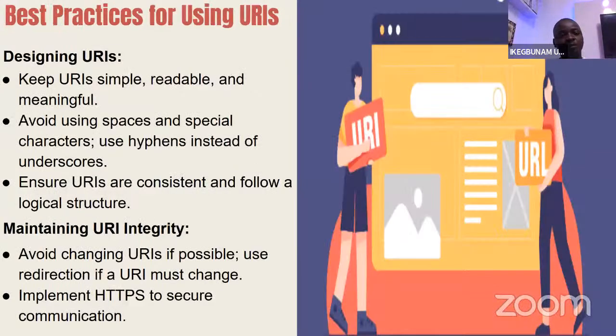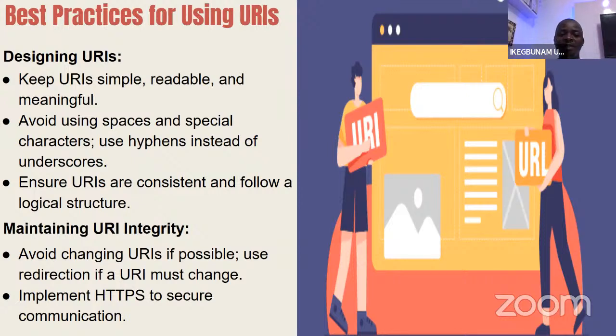Okay. Designing URIs, best practices for using uniform resource identifiers. Keep URIs simple, readable, and meaningful. For instance, if you are building a web application for transportation, you should not use words that are not related to transportation. So it's advisable to use a readable, meaningful, and simple URI.